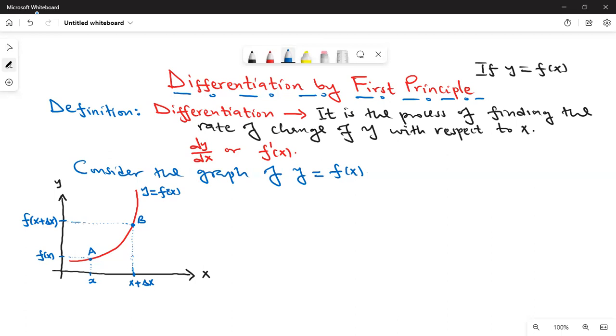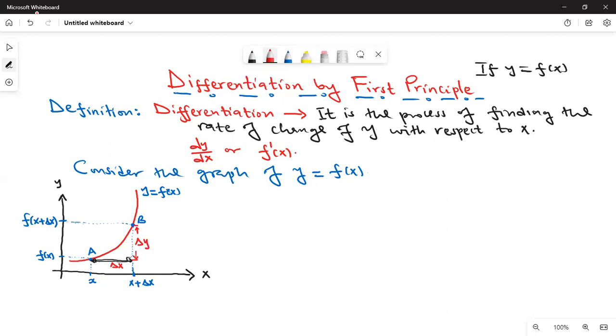Now this distance from here to here is change in x, from here up to here. That is what I'm calling the change in x. And this other corresponding distance, the vertical distance from here up to here, that will be change in y.